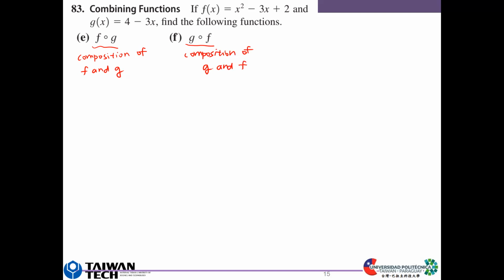And these compositions are not interchangeable. The result of the composition of f and g is not equal to the result of the composition of g and f. So we look at problem E first, the composition of f and g.